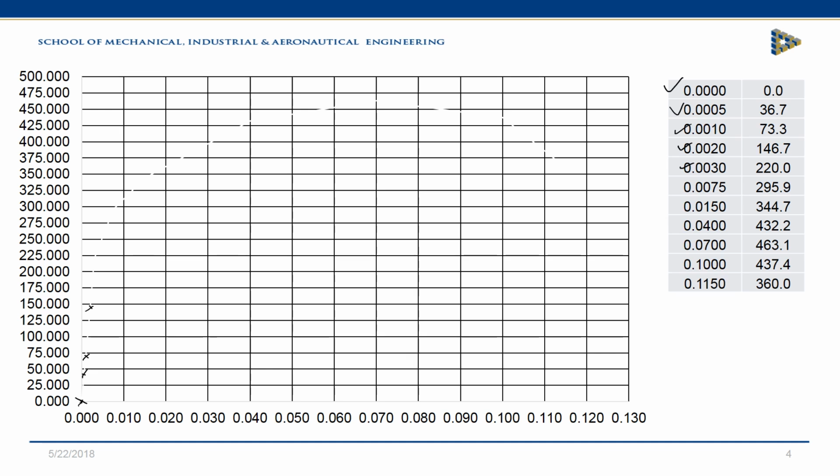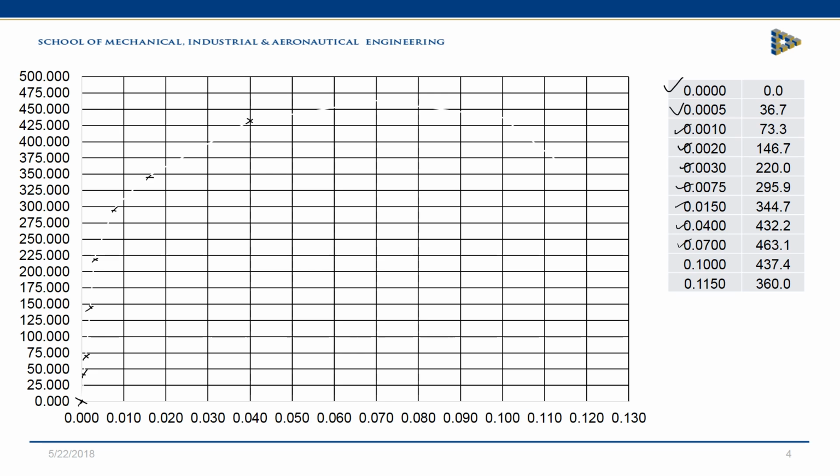Then 0.003 and 220, which is about there. 0.0075 and 295, so we're sitting about there. 0.015 and 344, we're going there. 0.04, which is on our axis, and 432.